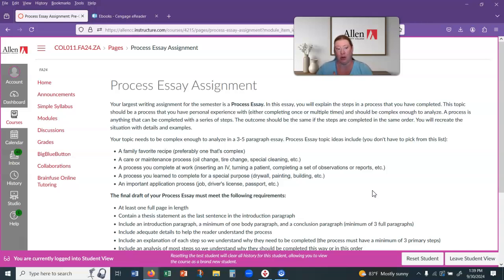So if it's a particular drill in football, yes, that might work, but otherwise you can't just do football as your topic. So some really popular topics tend to be favorite recipes. Make sure this is something complex enough to write about, like mashed potatoes is probably not complex enough.